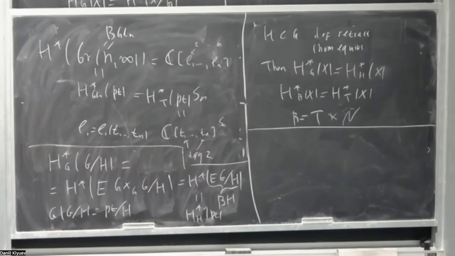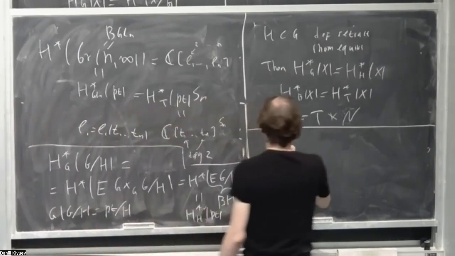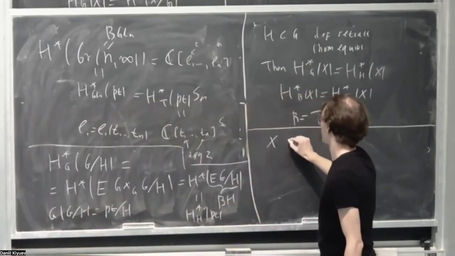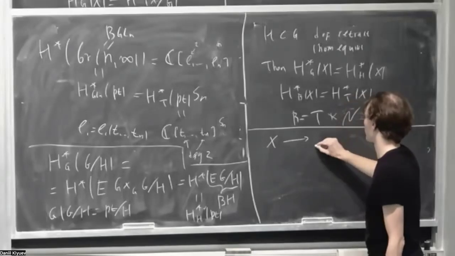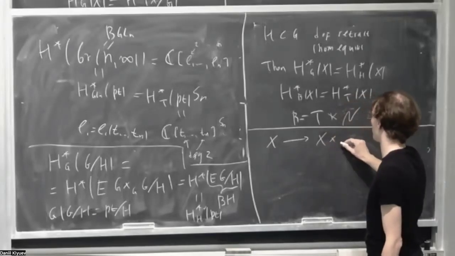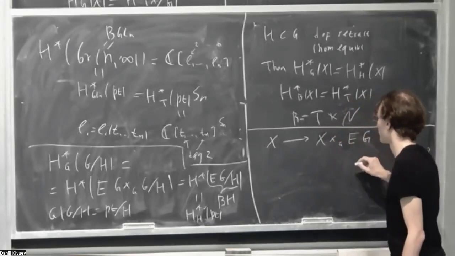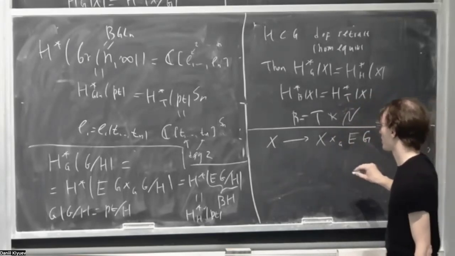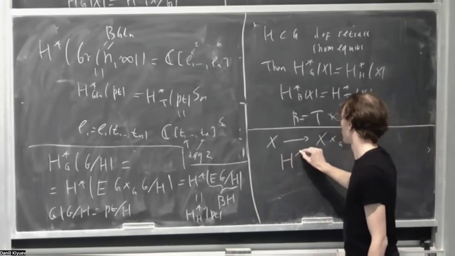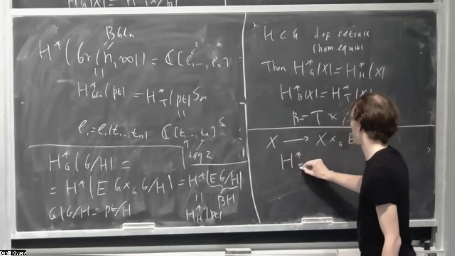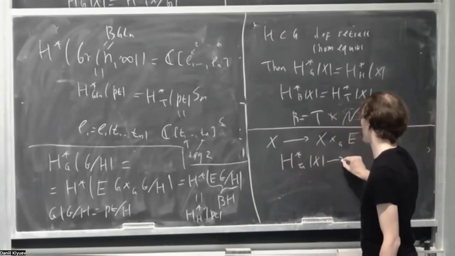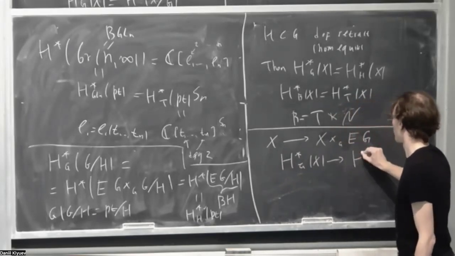Maybe another fact is there is a natural map from X to the homotopy quotient, the inclusion into the fiber. It provides a pullback map from the equivariant cohomology of X to the usual one.